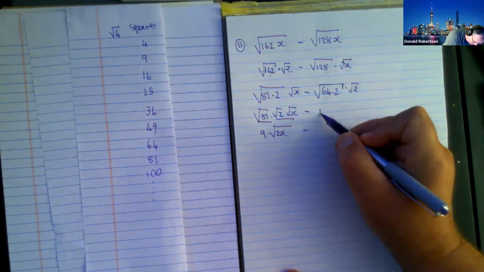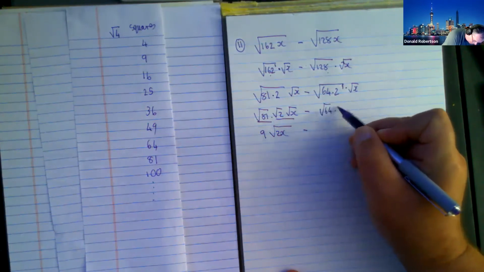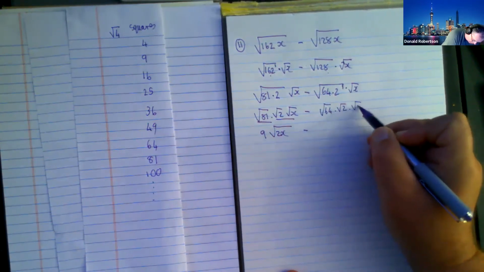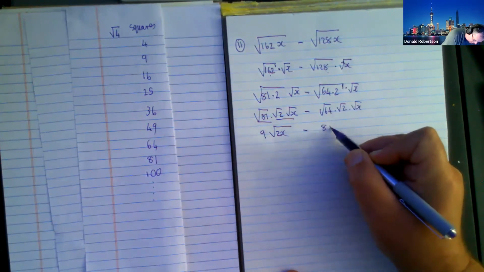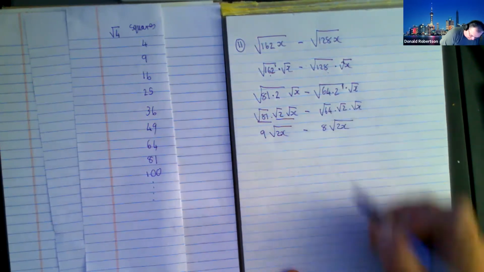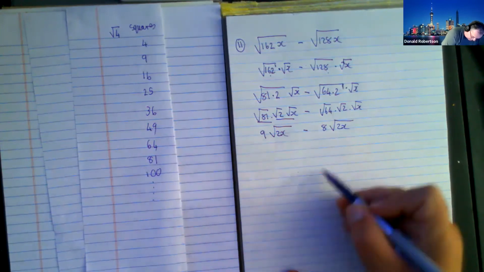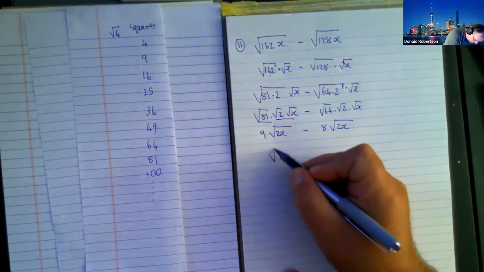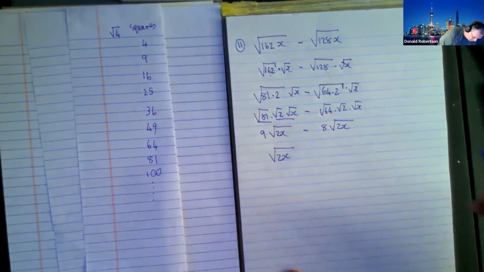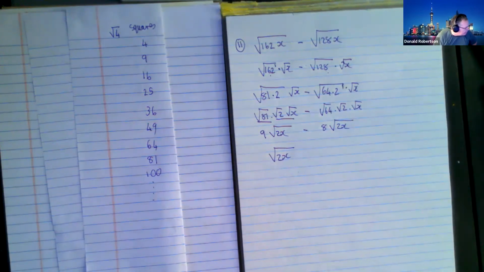You get square root of 64 times square root of 2, square root of x. That gets you 8. Combine them to a single square root. And 9 of these, take away 8 of these, leaves you with one of those. And that is your answer.